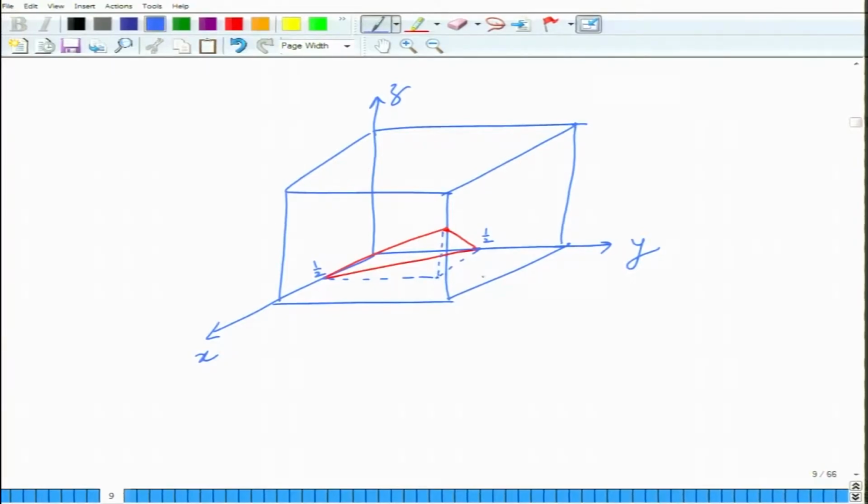If you choose this point, it is located at minus half along x, minus half along y, and plus half along z. So, from this you can work out that this plane is, if I look at this, minus half, minus half and plus half.